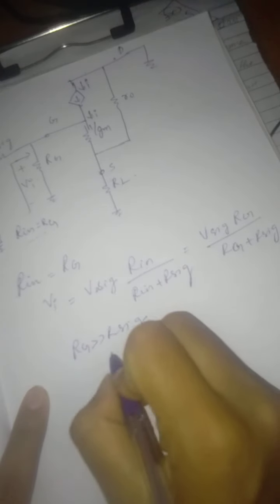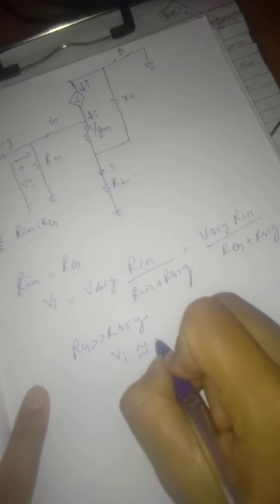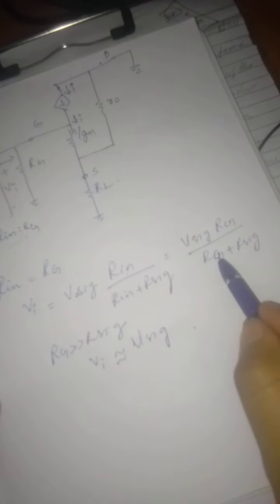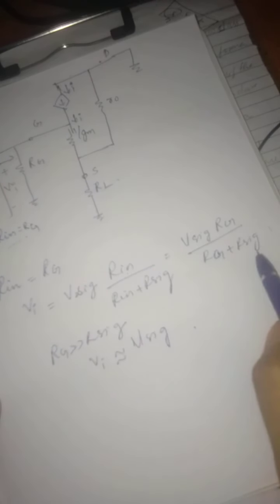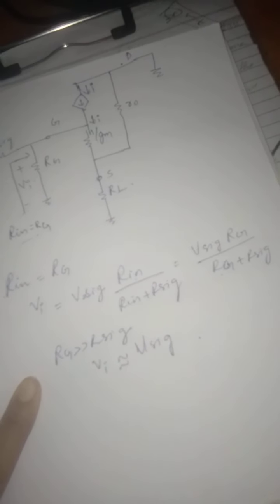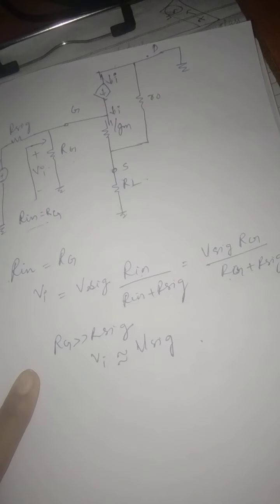I'll be getting Vi equal to Vsig into Rg by Rg plus Rsig. Now, your Rg is very much greater than Rsig, so my input will be the same as Vsig. When Rg is greater, I can neglect Rsig. This and this will cancel, and we are left with only Vsig. So this is what we'll be getting.